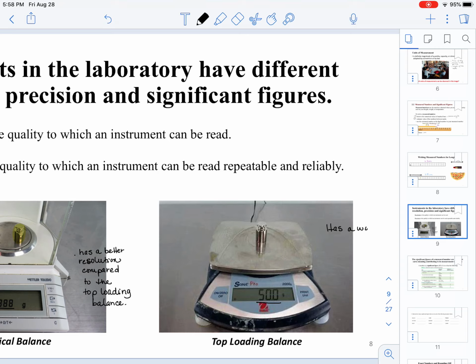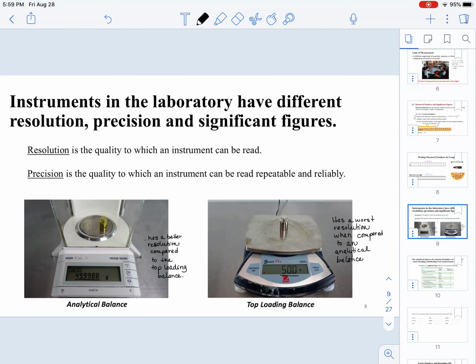has a worse resolution, again for the measurement of mass, when compared to an analytical balance. And again, this difference in resolution between these two instruments for mass that we commonly use in the laboratory has to do with the numbers that display on the screen when you are obtaining the measurement of mass.